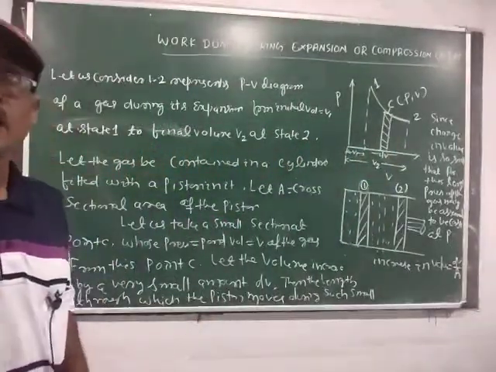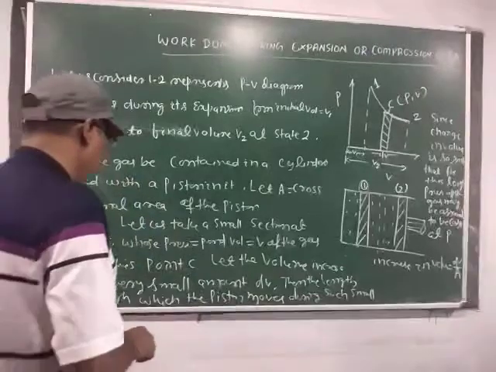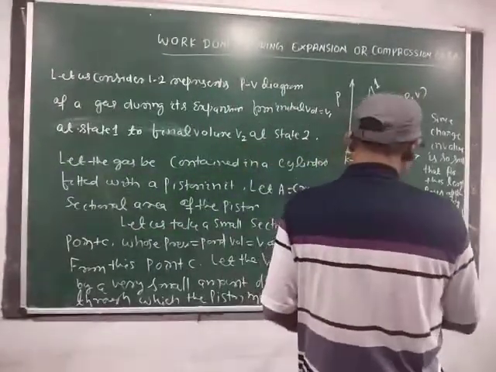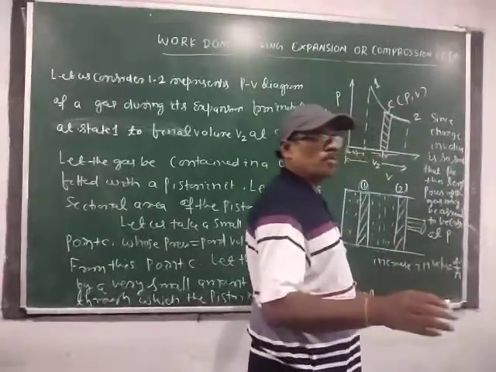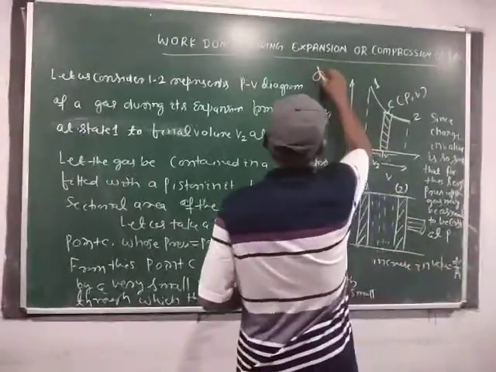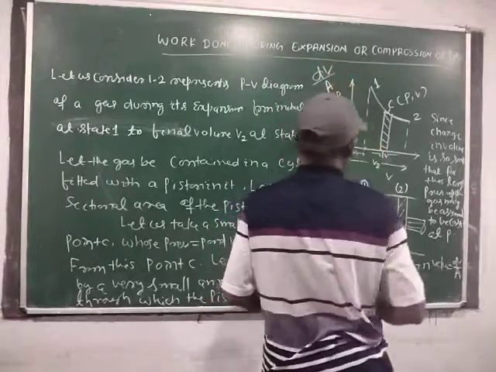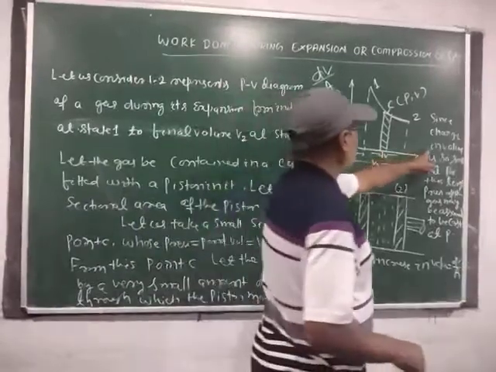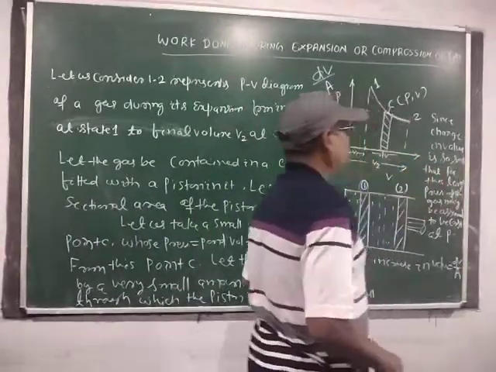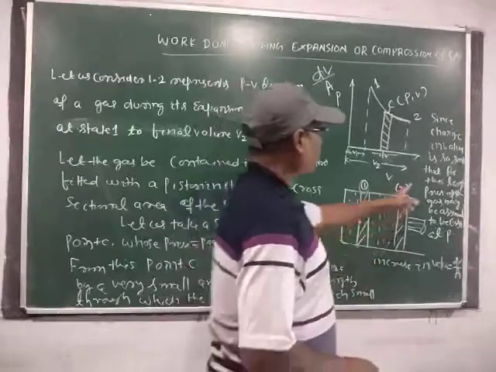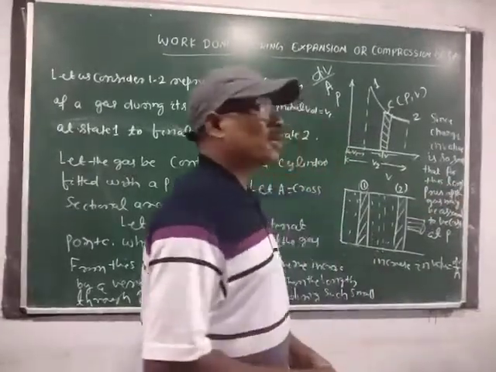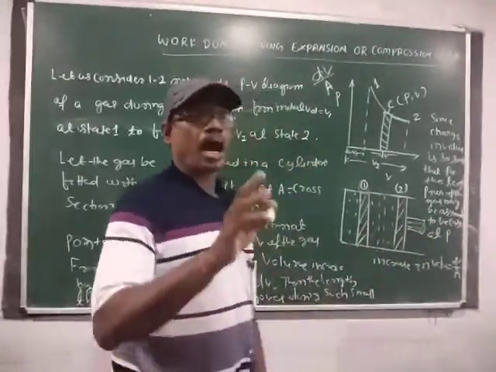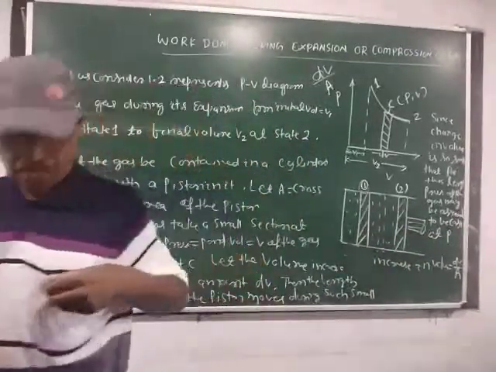Then the length through which the piston moves during such a small increase in volume is given by dV by A. Since the change in volume is so small, for this length the pressure of the gas may be assumed to be constant at P.